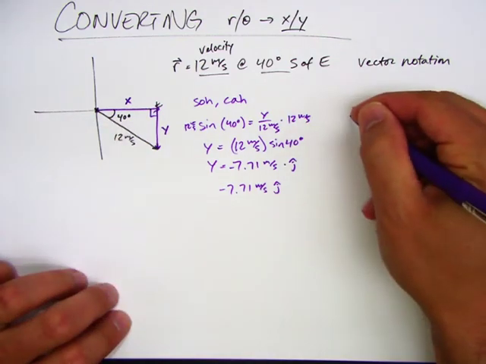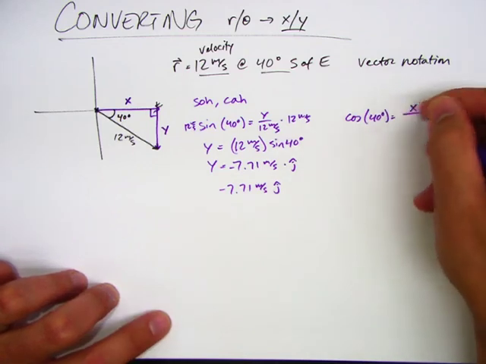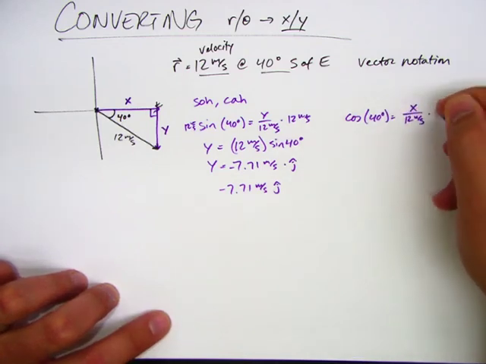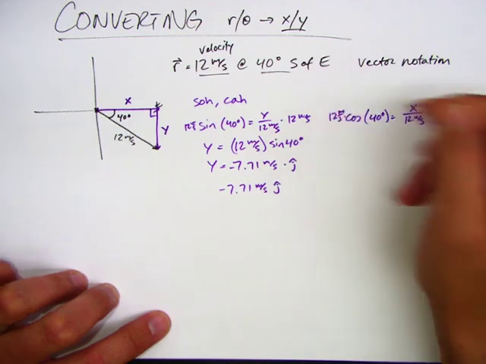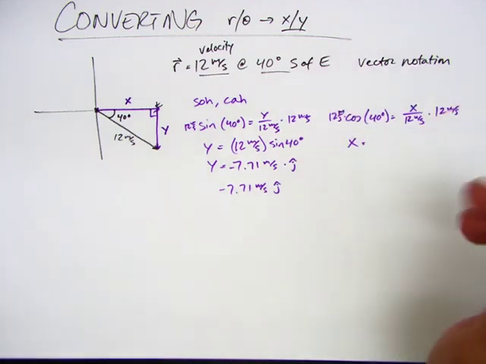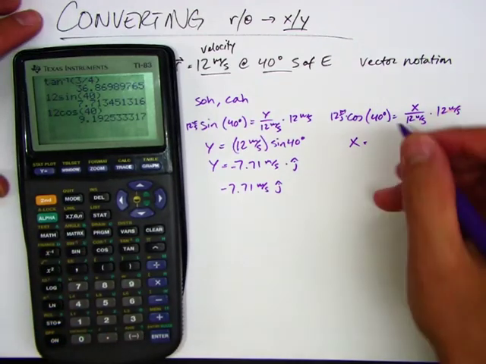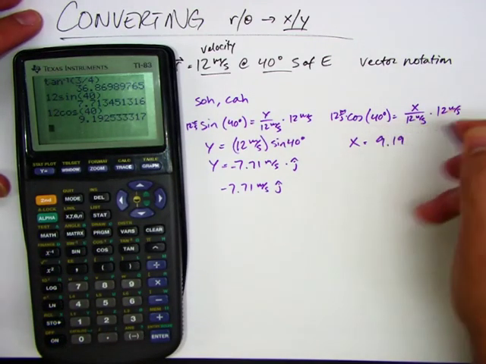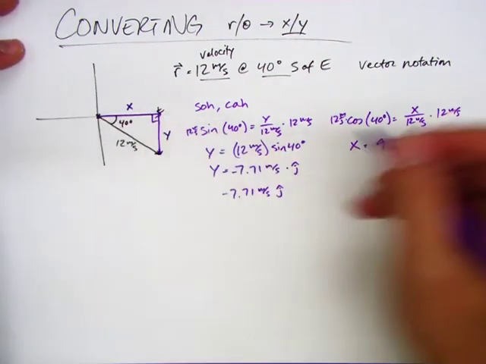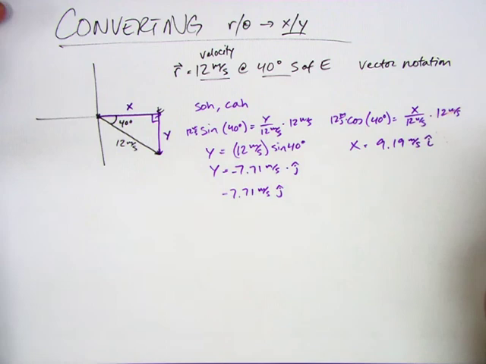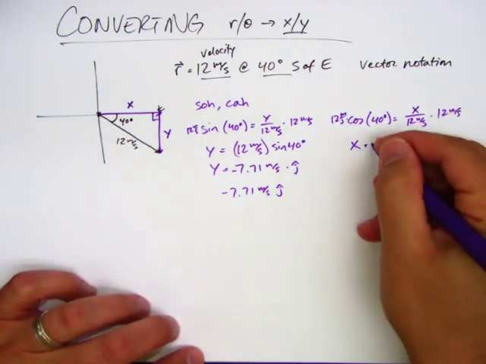Same thing with the cosine. Cosine of 40 degrees is my x component over 12 meters per second, multiplied by 12 on both sides. So I get x is 12 cosine of 40 degrees, 9.19 meters per second. And this is in the positive x direction, so I add my unit vector notation i, which is also positive.